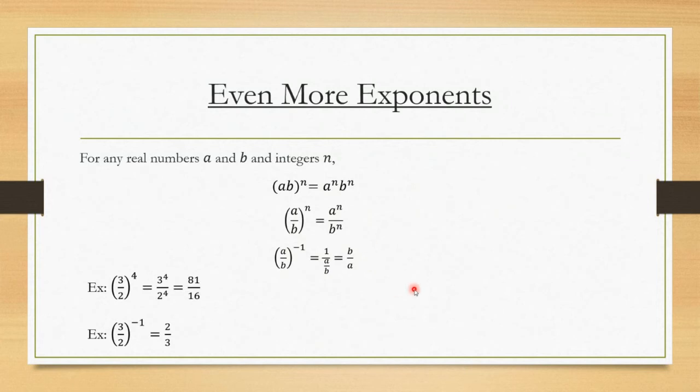Yes? How come for the example 3 over 2 and then -1, you just got 2 over 3, but for the one where it's a over b with the -1, you had 1 over a and then over b? This is an extra step here.